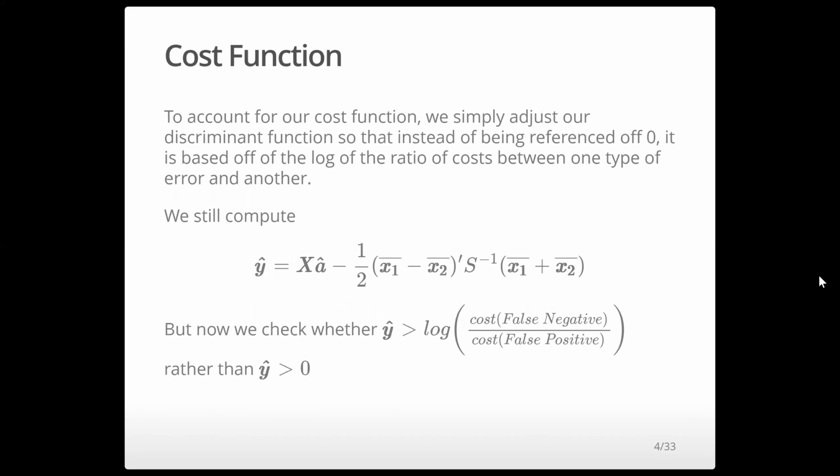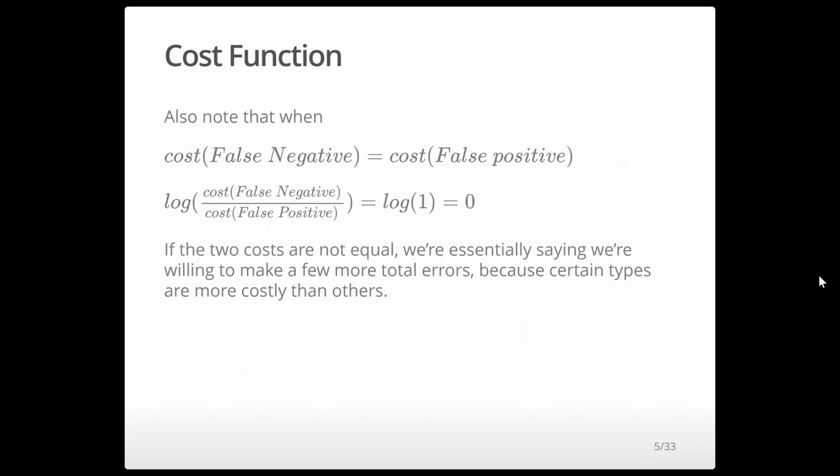So to incorporate our cost function, we still compute the discrimination function the same way. We do the same discriminant analysis, but now to do our classification, we check whether the y-hats, the estimated values, are greater than the log of the ratio of the costs, rather than 0.